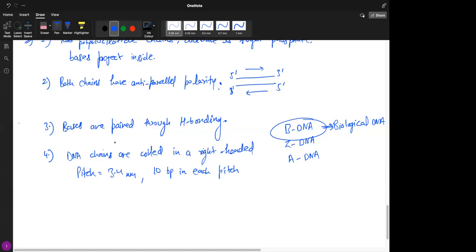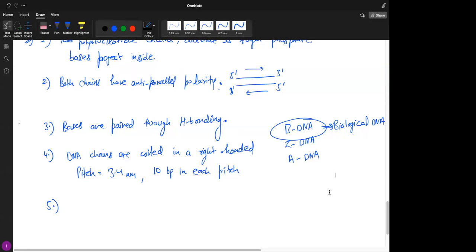And the fifth thing that is a characteristic feature of the DNA double helix is when you look from top, it will look like a circle to you with bases stacked over each other. Do you understand why? When you look from the side, it will look like a spiral with bases going in. But when you look from the top, it will look like all the bases are stacked one over the other. Because this is exactly how the DNA stays stable.